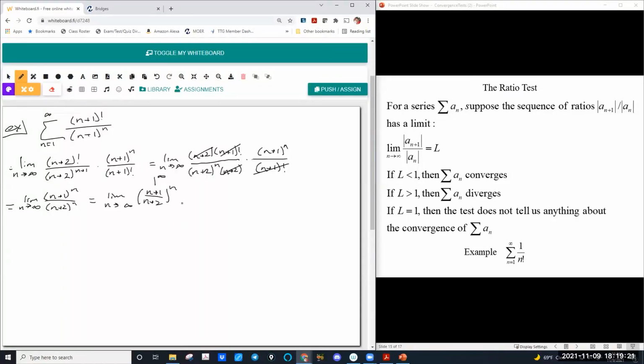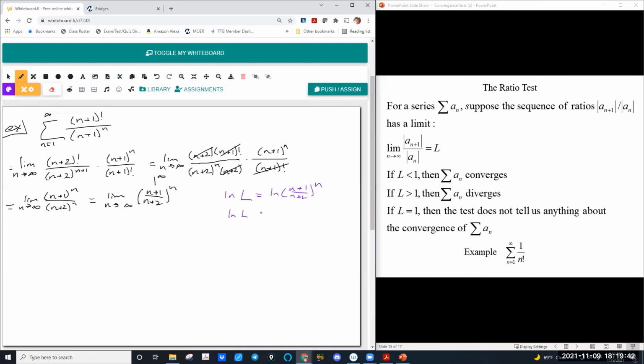So what we do is I'm going to let this expression here be L. So L equals n plus 1 over n plus 2, to the n. And I'm going to take the natural log of both sides.